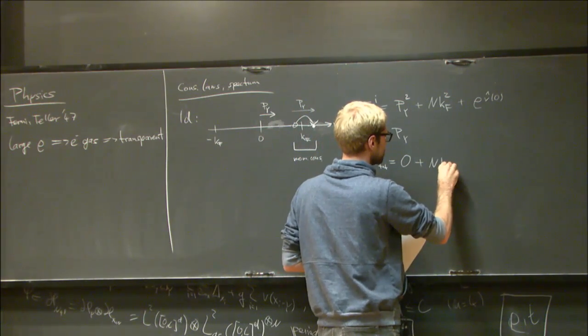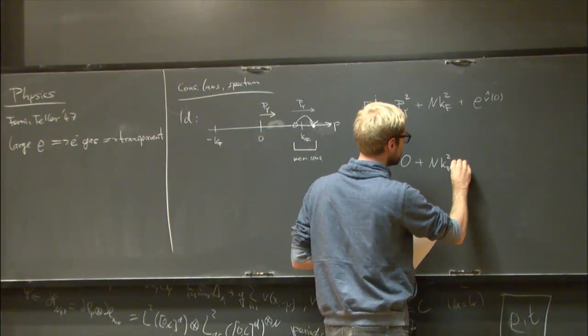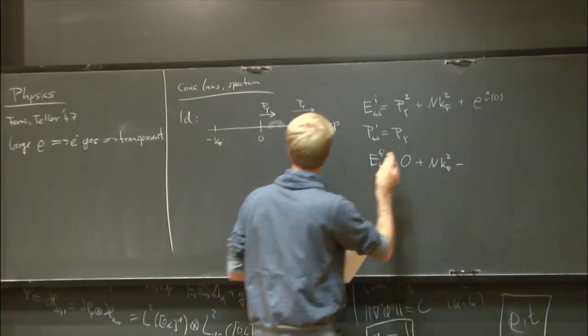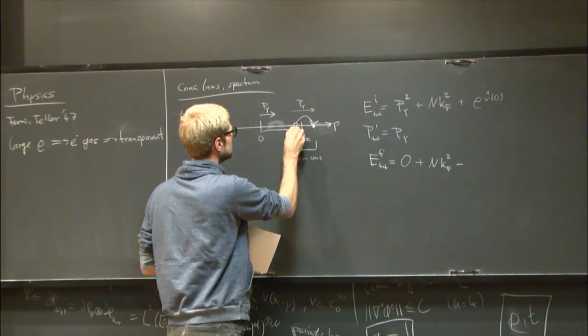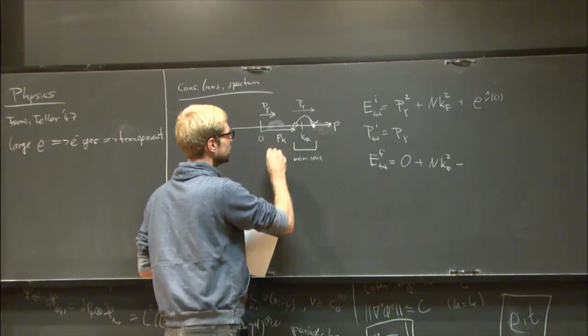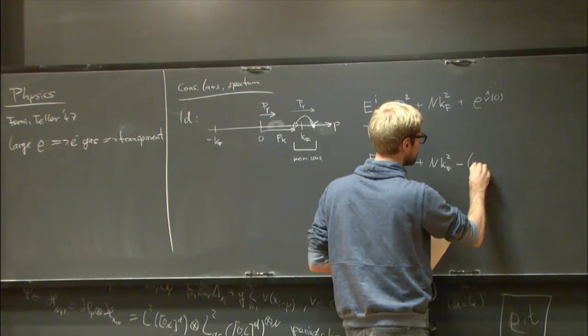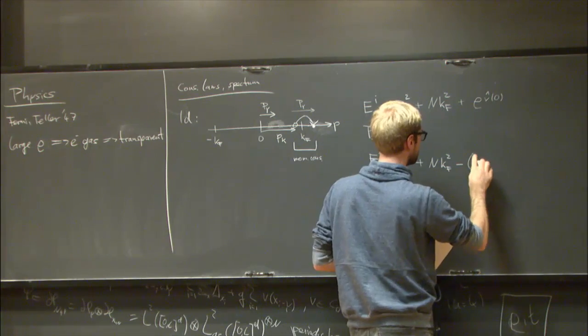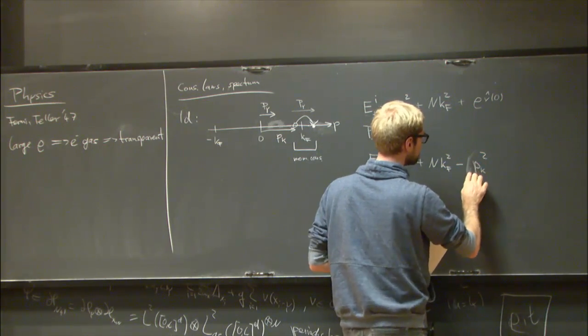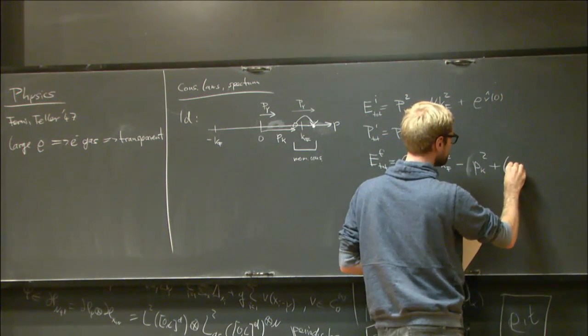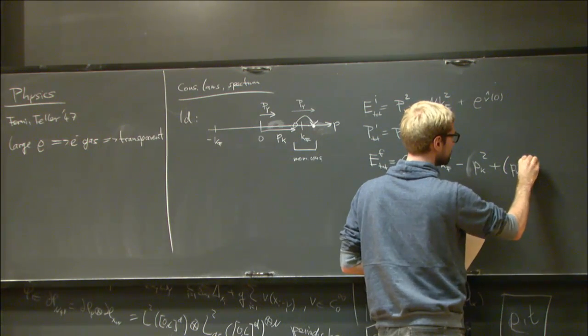Then you have the kinetic energy of the Fermi sea, but you have taken out a particle with momentum, say, p_k, so you have taken p_k squared out, and you have added a particle with momentum p_k plus p_y.